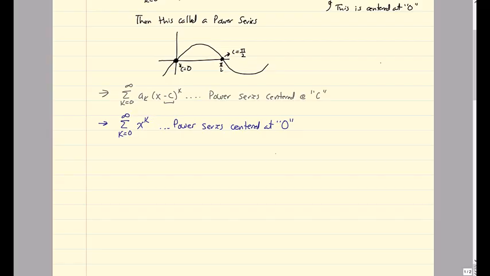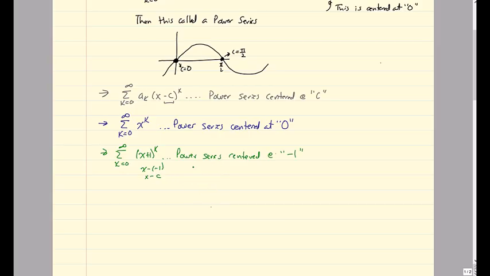Let's look at another example. Let's look at k equals 0 to infinity again, and let's look at x plus 1 to the k. This is a power series centered at negative 1. Why negative 1? Because it's x minus a negative 1, to fit this form of x minus c.